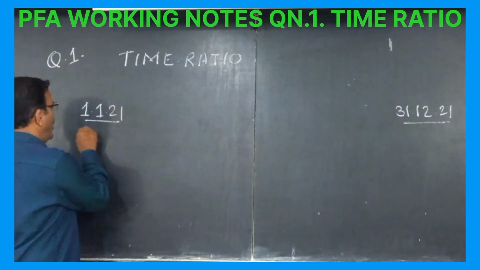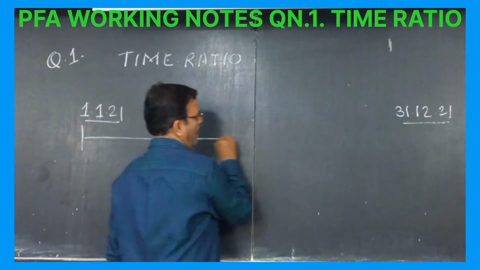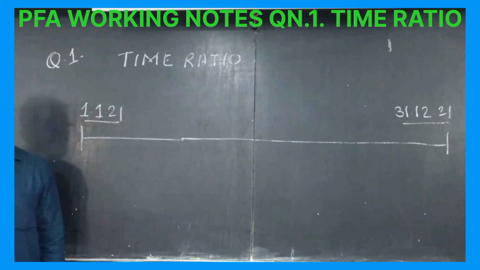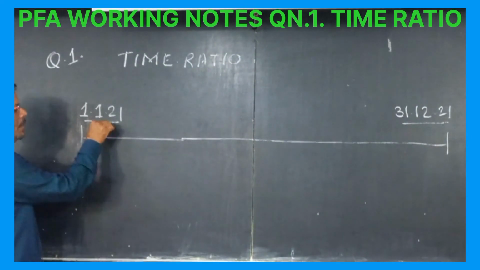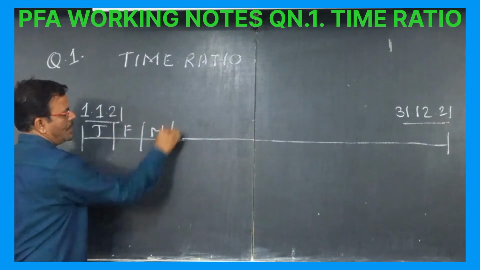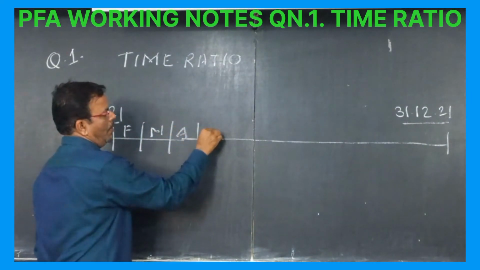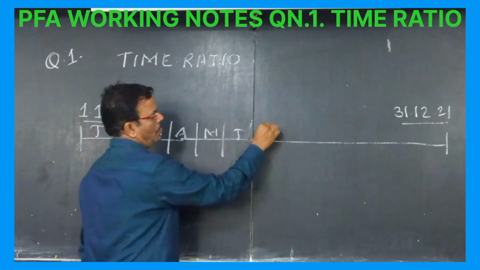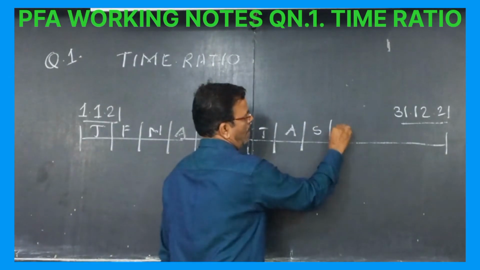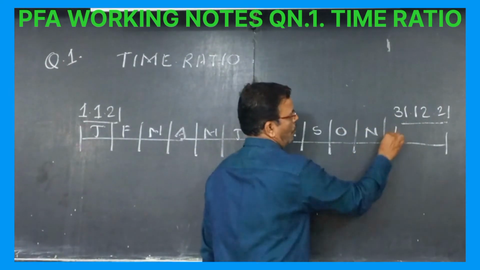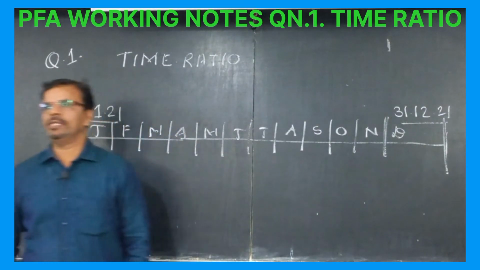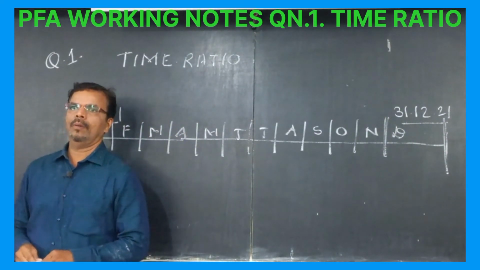Now in this case we have to draw the straight line diagram. So let's draw all the months: January, February, March, April, May, June, July, August, September, October, November and December.